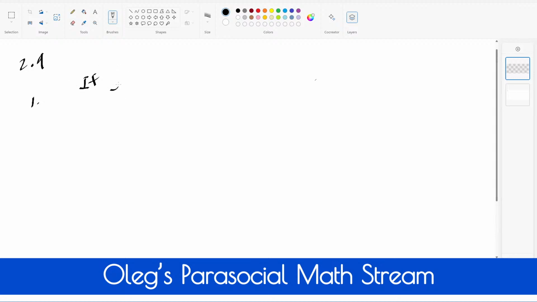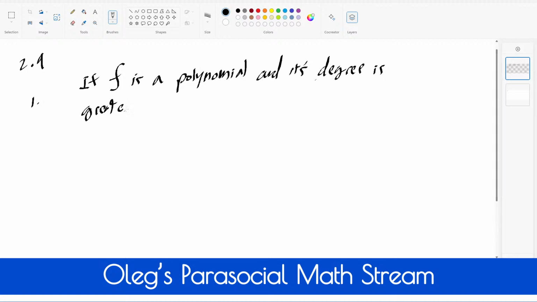If f is a polynomial, degree is greater than 2, then its derivative is not constant.